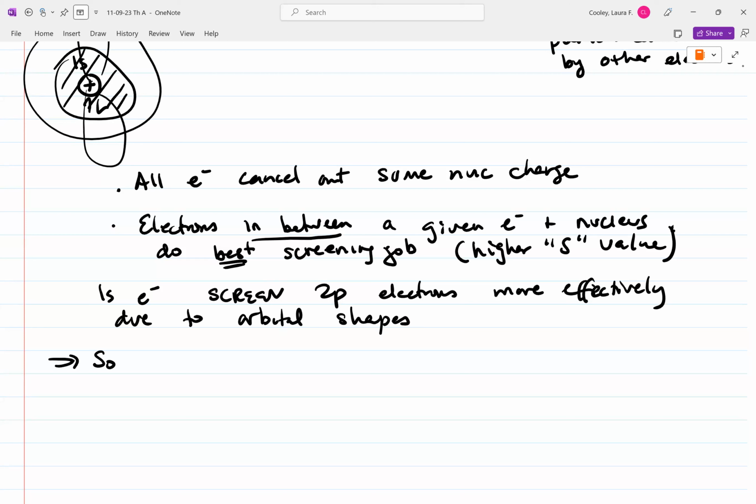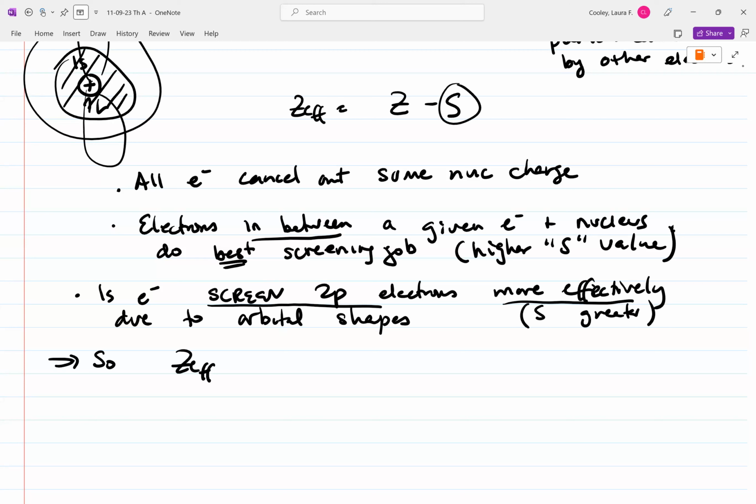As a result, remember Z effective is Z minus S. If the 1s electrons screen the 2p more effectively, S is greater, which means the Z effective will be smaller. And it's larger for the 2s.